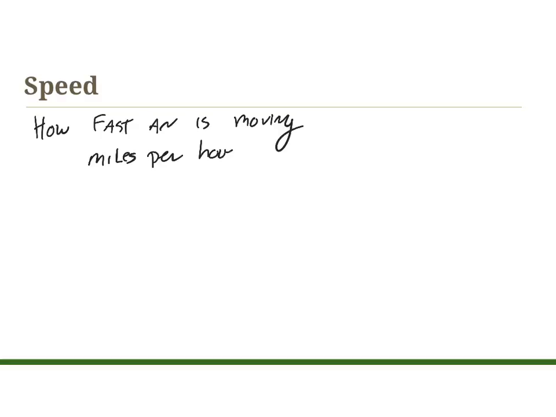Speed is how fast an object is moving. It can be measured in miles per hour, perhaps. But we have to ask ourselves again, is it scalar or is it a vector?